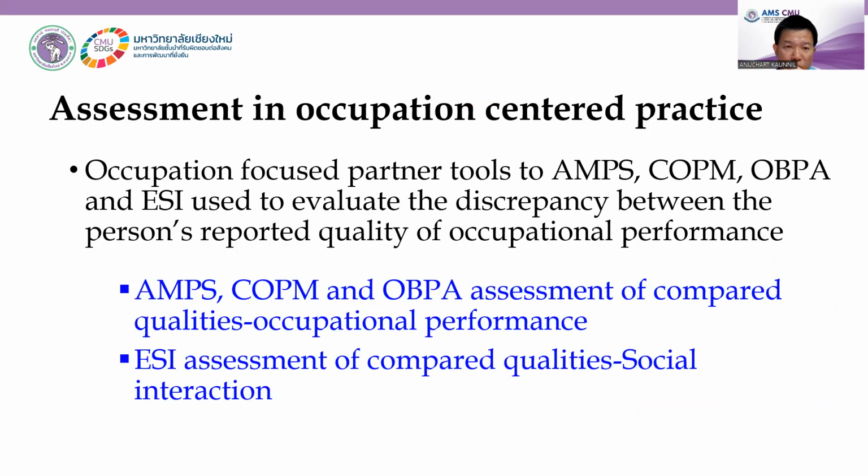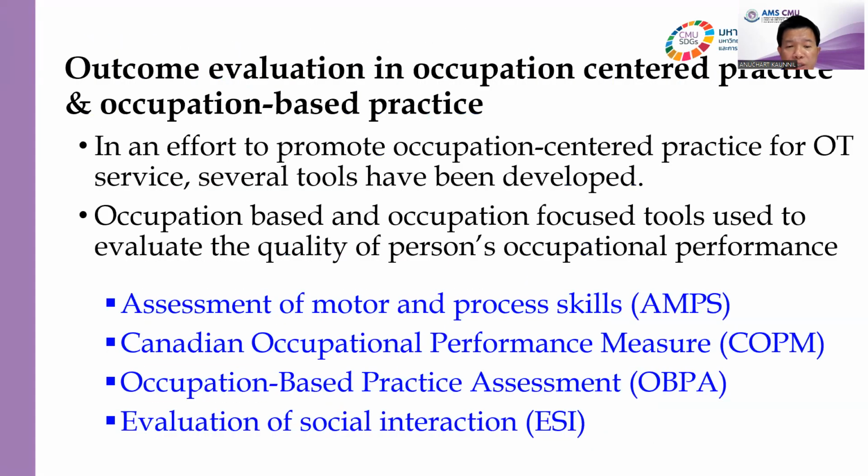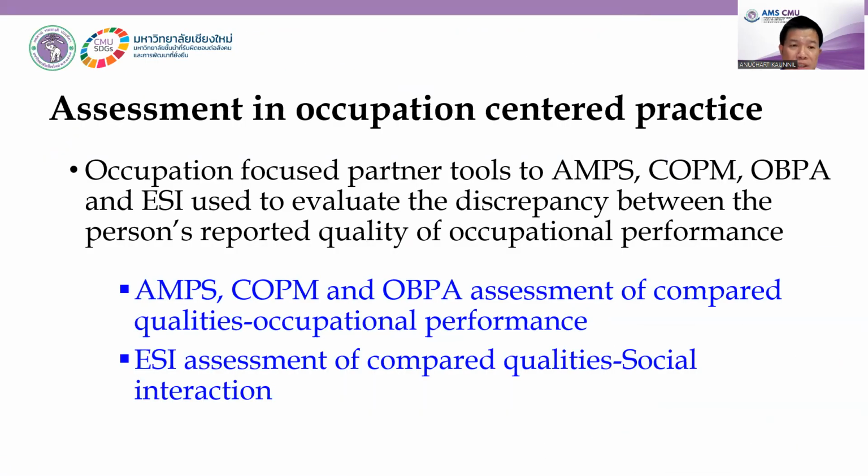Okay, the assessments that we put forward before about assessment in occupation-centered practice, occupation-focused assessment tools: AM, COPM, OBPA, and ESI. Sorry again, ESI, the Evaluation of Social Interaction, used to evaluate the frequency and person-reported quality of occupation.